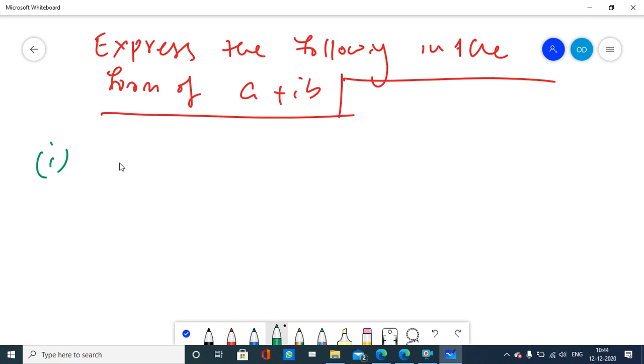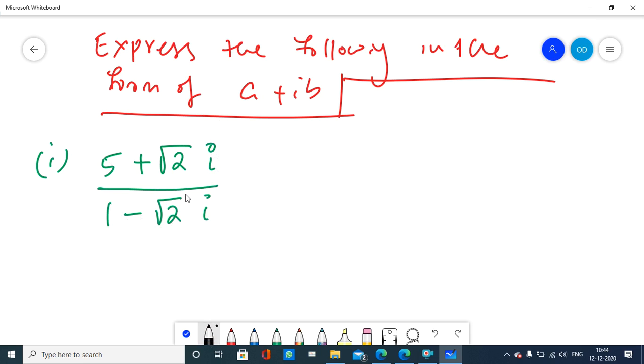Suppose it is given to be 5 plus root 2 into i divided by 1 minus root 2 into i, and we have to express this in the form of a plus ib.